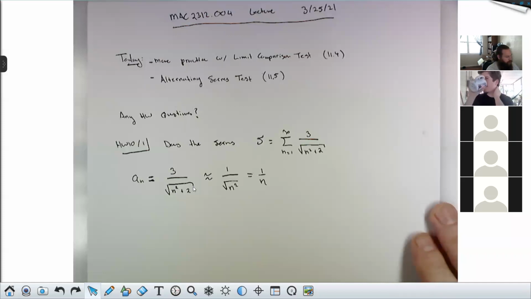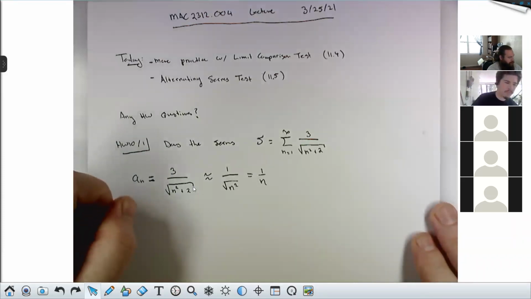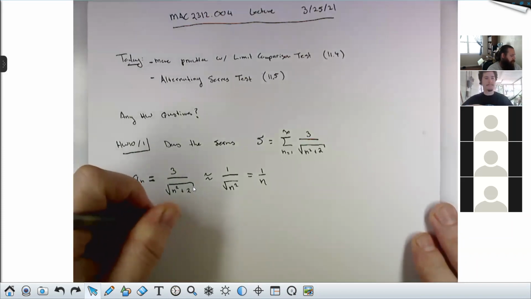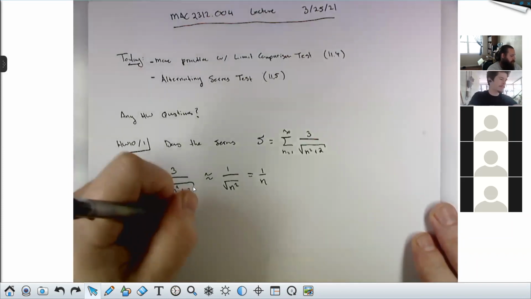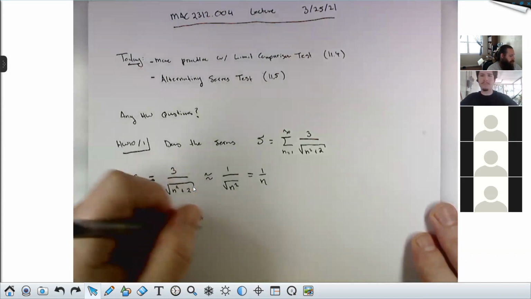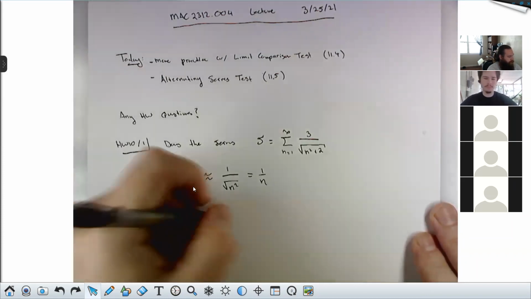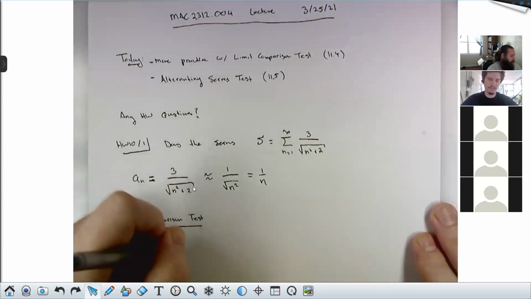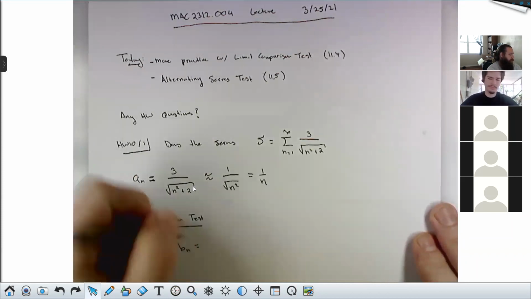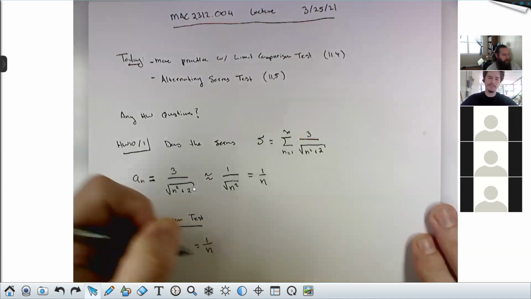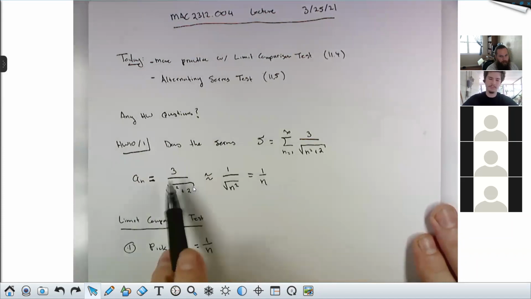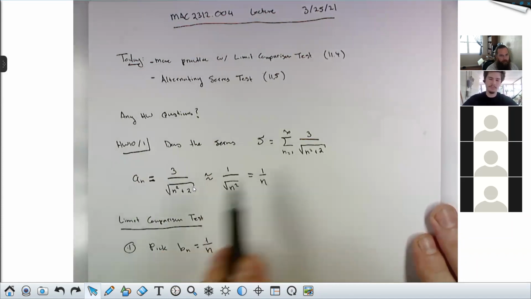So if I'm going to do a limit comparison, I want to first pick my b_n's. And I would choose here b_n to be 1 over n, because I think that's pretty much what a_n is like. Of course, these are not equal, right?